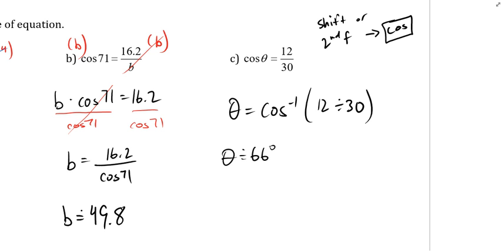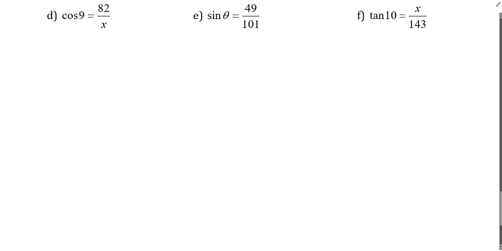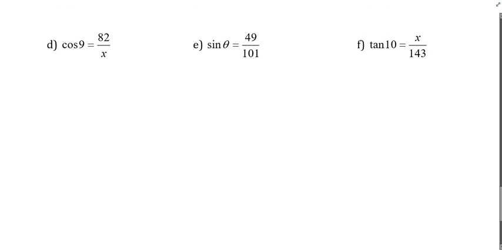Yeah, so you don't need an extra one. Again, it's all about learning your calculator. That's right. So Adam, 12 divided by 30 equals, and shift cos. Okay, I want you to try these three. What was the answer? 66 degrees. 66.4218215.